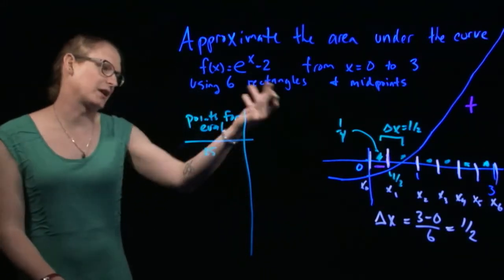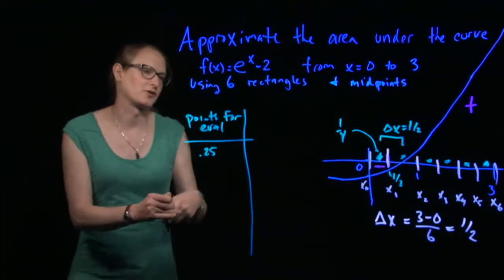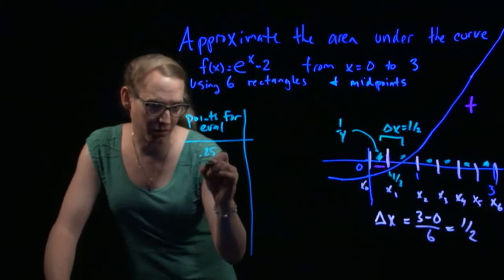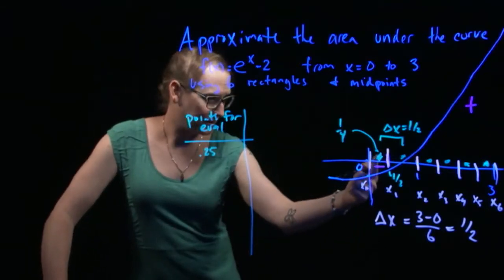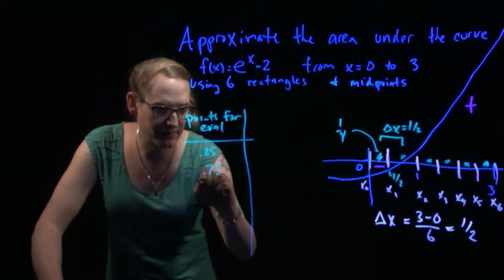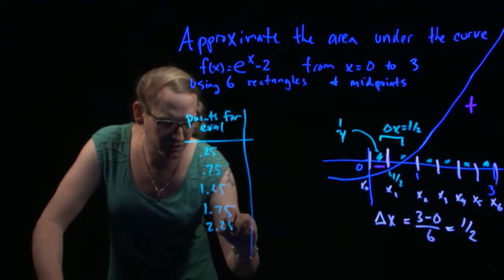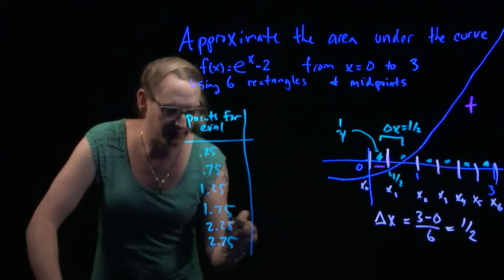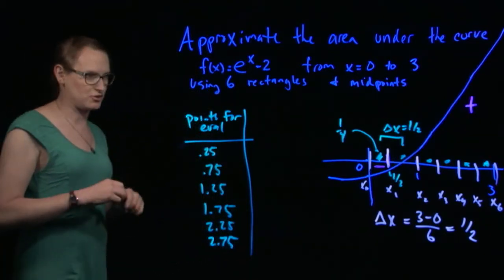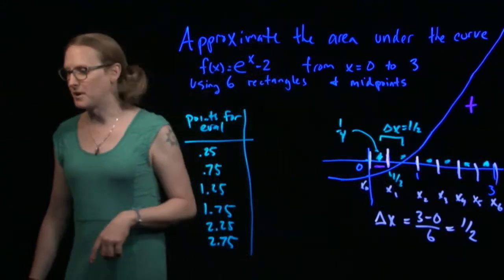I'm going to have to use a calculator to evaluate the function anyways. So a quarter, and then they're spaced by delta x after that, so it's going to be 0.75, 1.25, 1.75, 2.25, 2.75. So that's my discretization. Those are these green points here in the middles of my intervals.